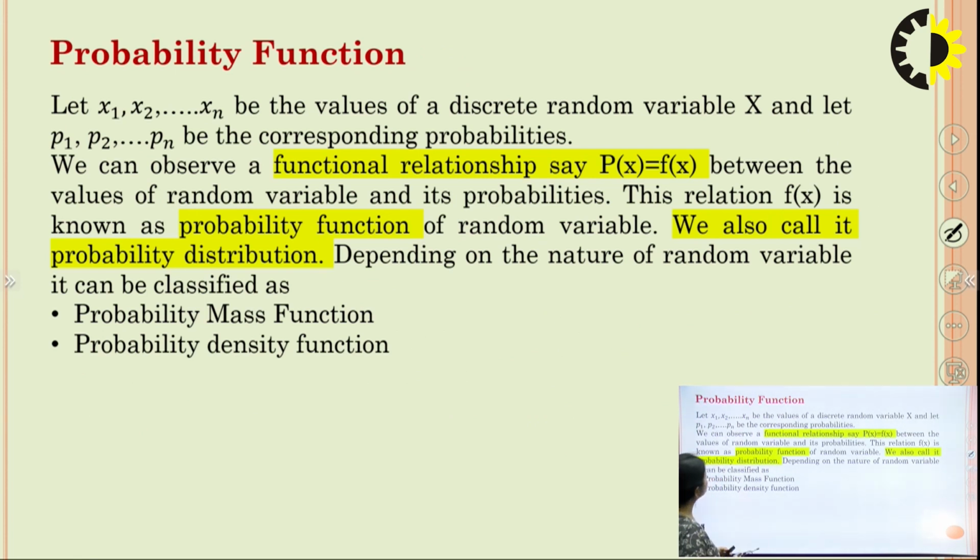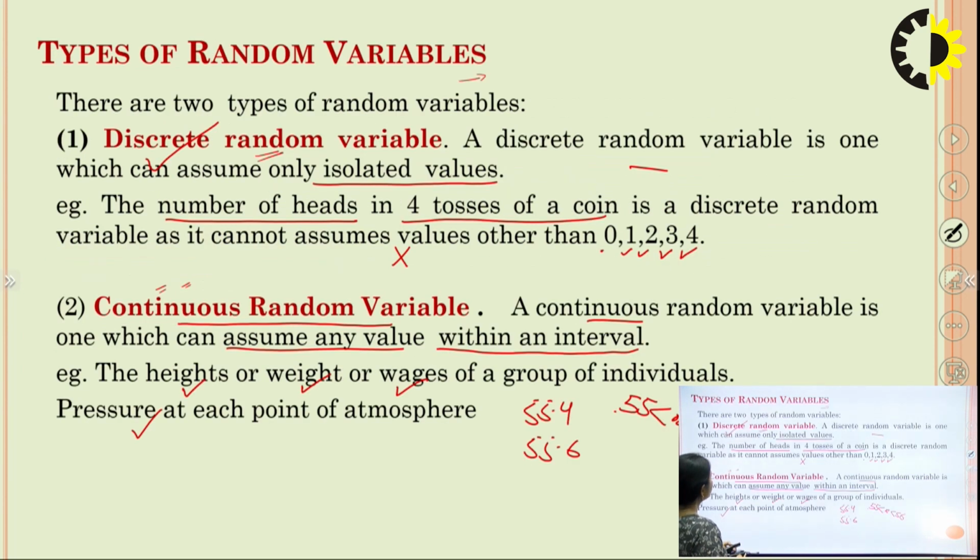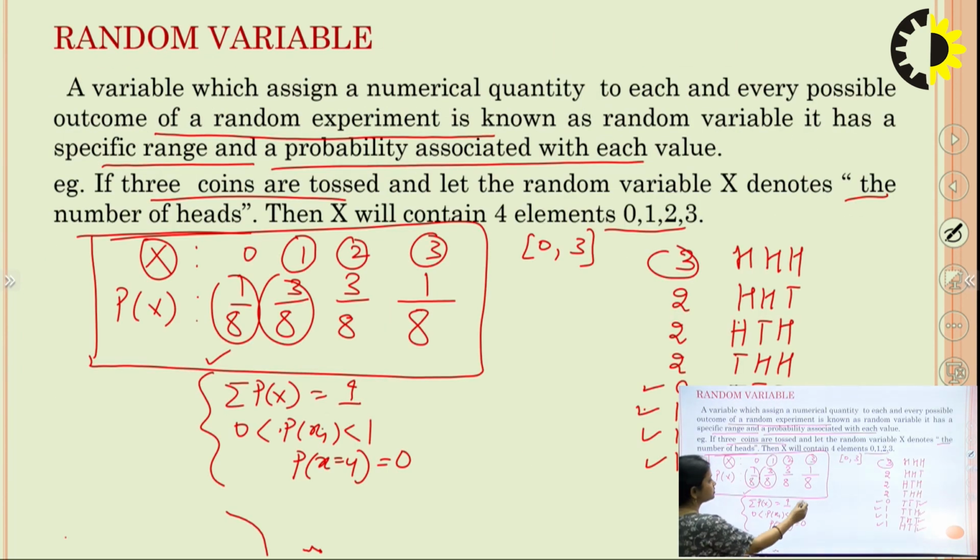Next, we are going to discuss the probability function. This is a probability distribution table, and you can see in this table the values of the random variable are 0, 1, 2 and 3, and corresponding to each value I have obtained the probability by using the formula of probability. The formula was total number of favorable cases upon total number of cases.